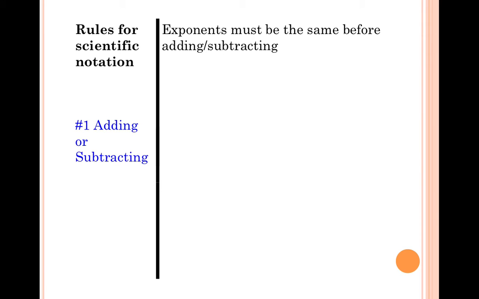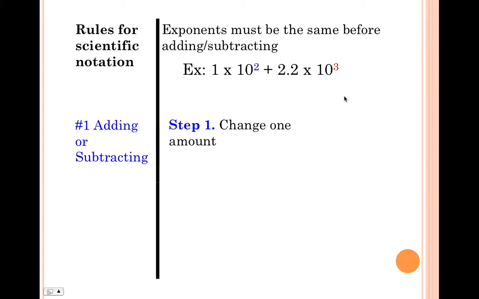Now, rules for scientific notation. When you're adding or subtracting, you need to make sure that the exponents are the same before you do any calculations. So here is an example, 1 times 10 to the second plus 2.2 times 10 to the third power. So what you want to do is change one amount. Let's go ahead and change this number here.